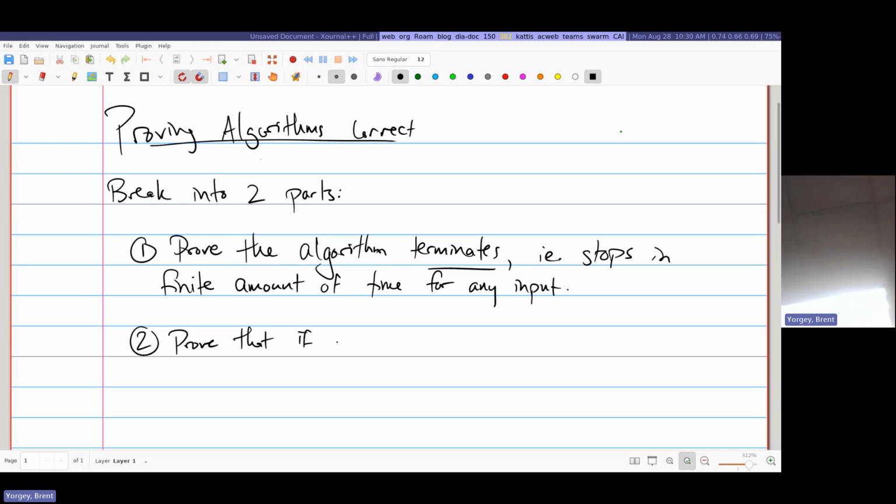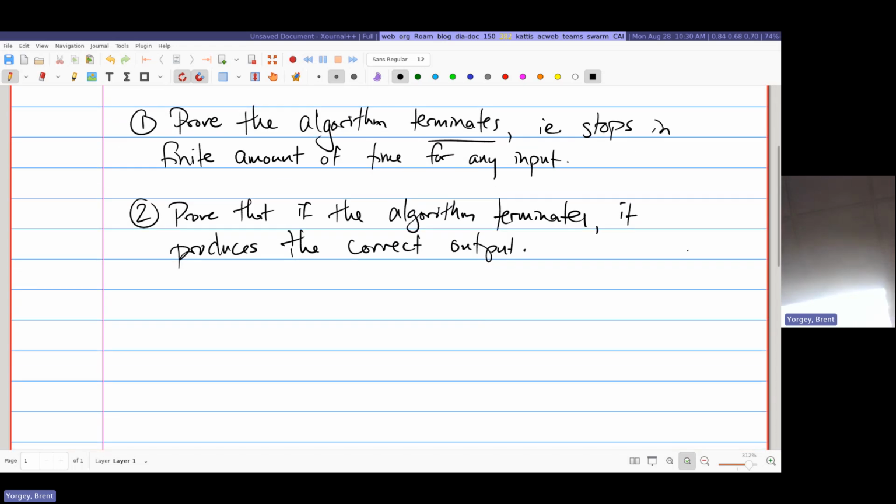And then part two is we prove that if the algorithm terminates, it produces the correct output. And what do we mean by correct?